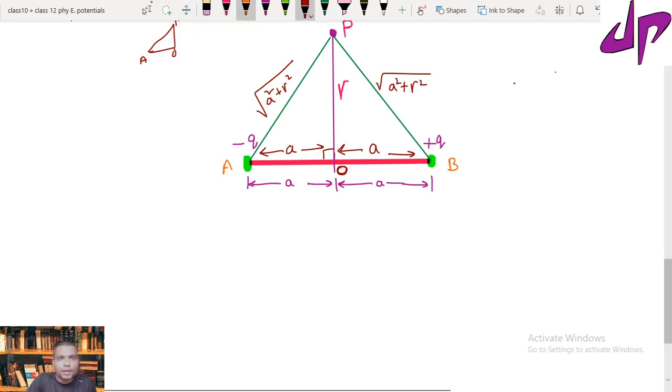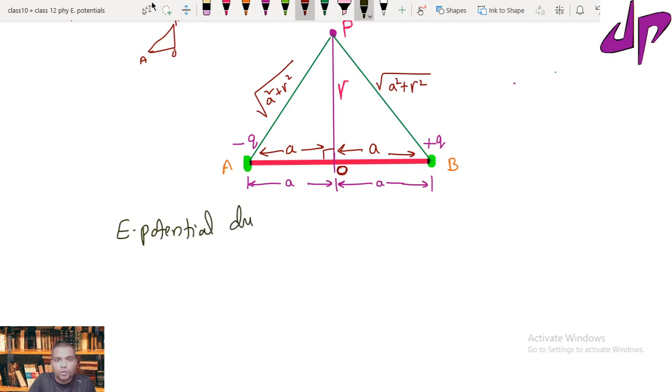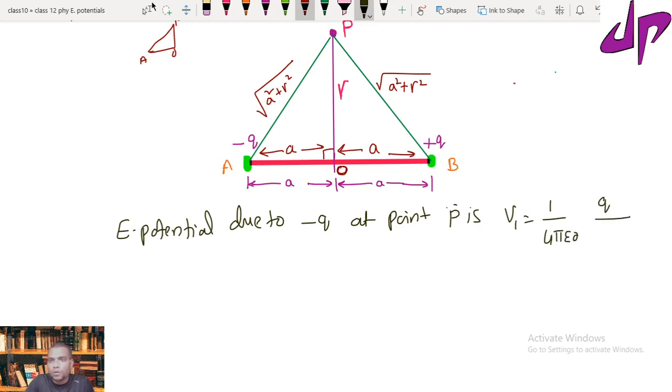Now if you write the potential expression, the electric potential due to minus Q at point P, taking that as V1, is equal to 1 over 4 pi epsilon naught, minus Q upon the square root of A square plus R square.